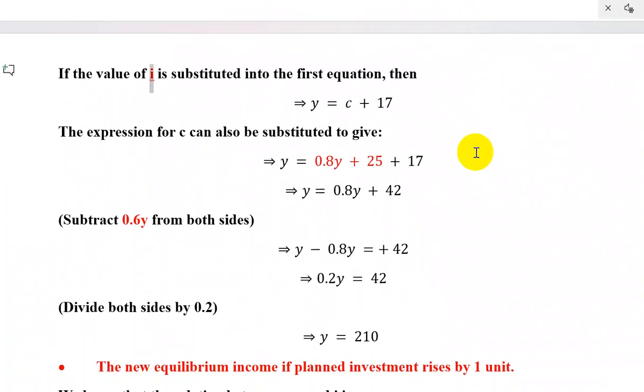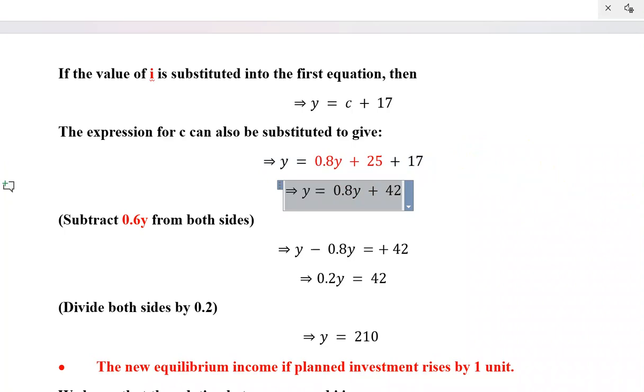If the value of I is substituted into the first equation, then Y equals C plus 17. The expression for C can also be substituted to give Y equals 0.8Y plus 25 plus 17.